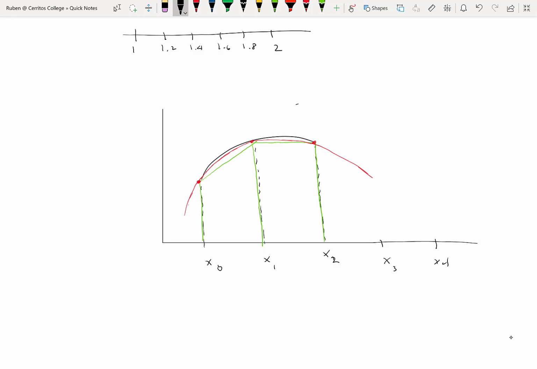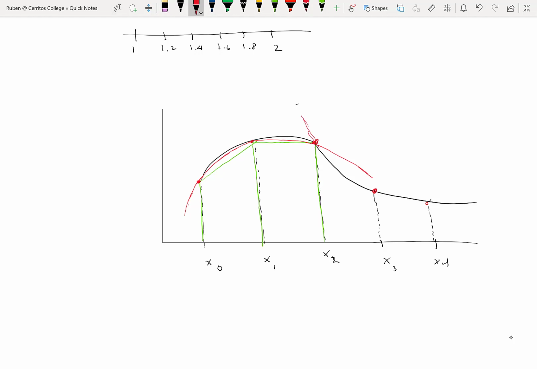So if the curve did this sort of thing, then the next best fitting parabola would require x sub 2, x sub 3, and x sub 4. And I don't know if I can draw this. It might look like this.